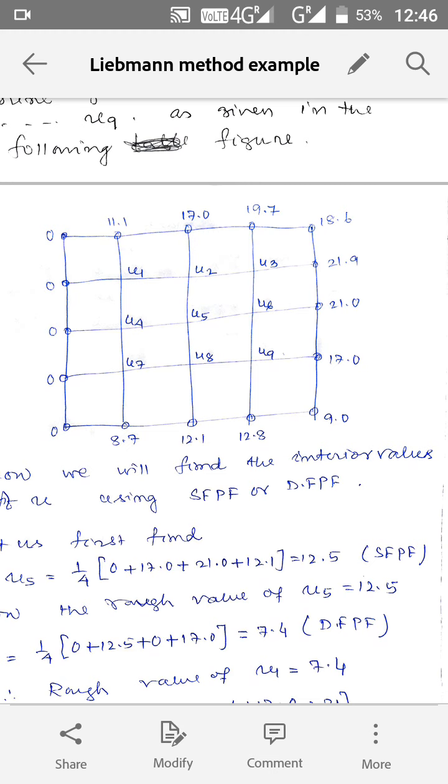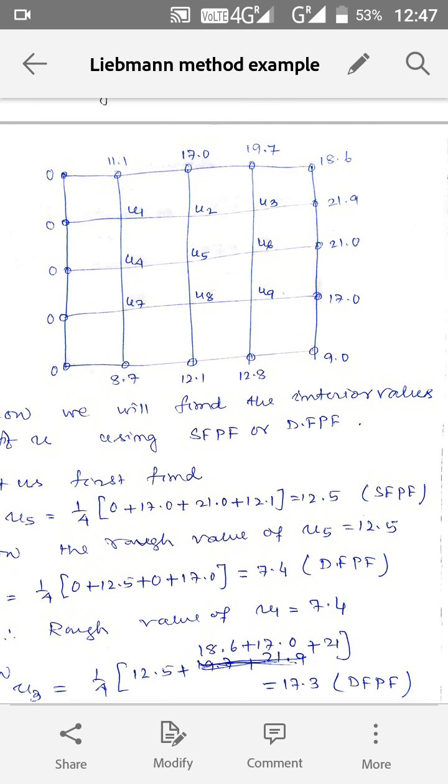If you consider u5 at the center, if we go 2 steps towards the right, 2 steps towards the left, 2 steps upward, 2 steps downward, we will have all the boundary values, which are known, and so we can calculate u5 explicitly. So first we will start with u5.